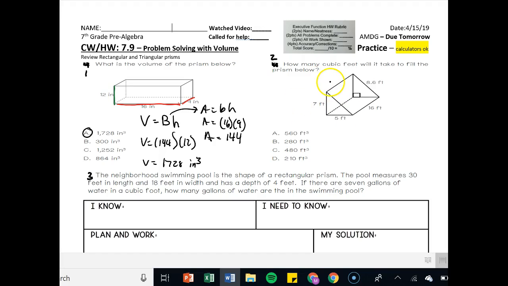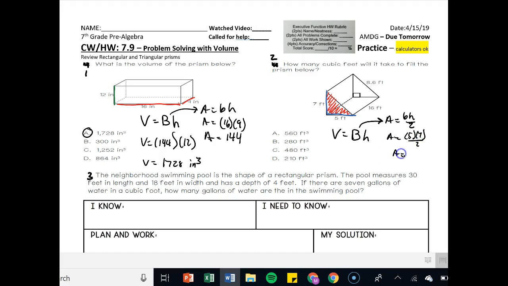When we have a triangular prism, you'll notice this is a triangle, right? We're going to again use the measurements of this. It's the exact same formula, V equals BH, but again the base is the area of the base shape. The area formula for a triangle is base times height divided by 2, so area is equal to 5 times 7 divided by 2.